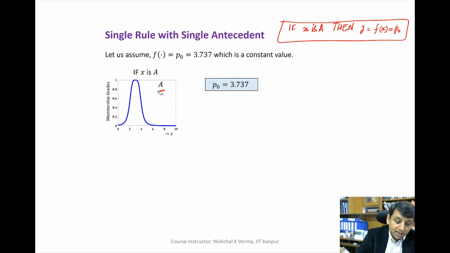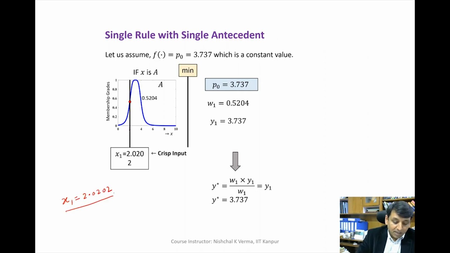So if this is the case now, please note that we have a and p0 both known for this model. When we say we have a model, it means all these parameters of a and p0 are known. So let us now apply the input here. When we apply the input, we see that corresponding to x1 we have the membership value here, which is coming out to be 0.5204.